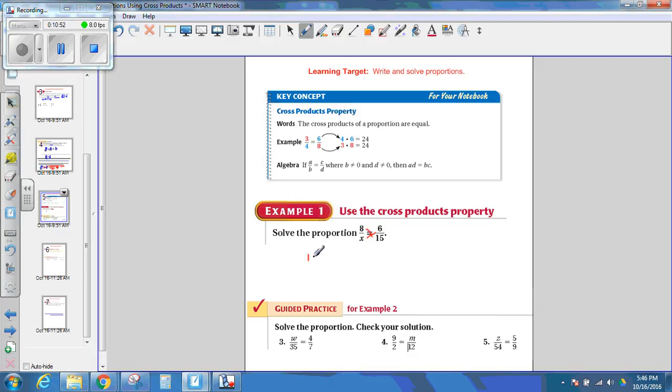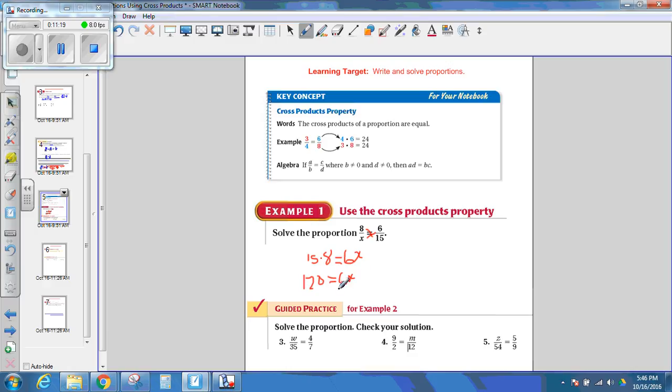So I have 15 times 8, and then I set that equal to 6 times x, and now I just need to simplify and solve. So 15 times 8 is 120 equals 6x.